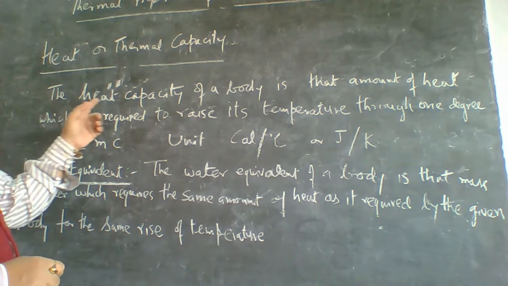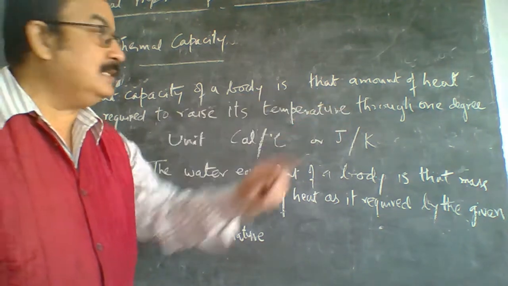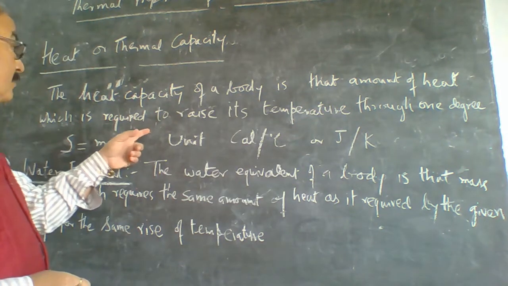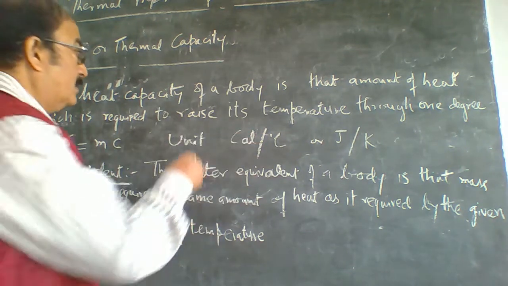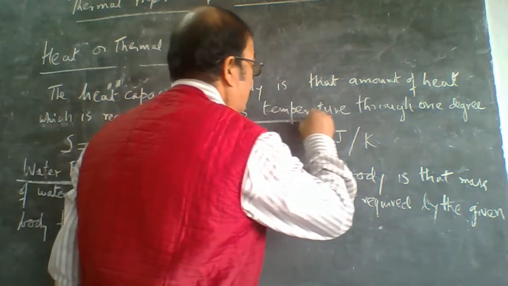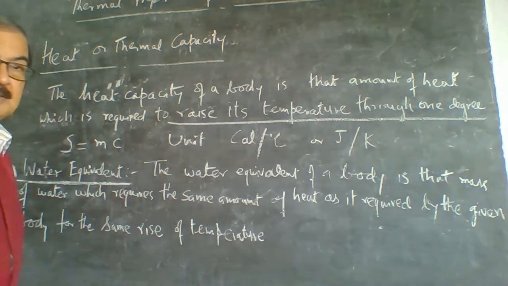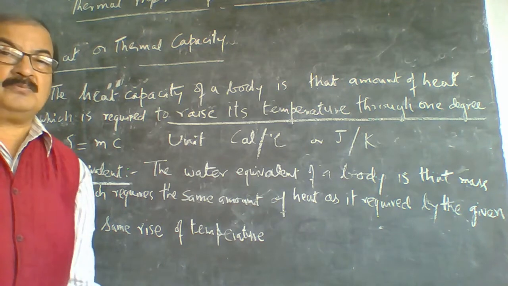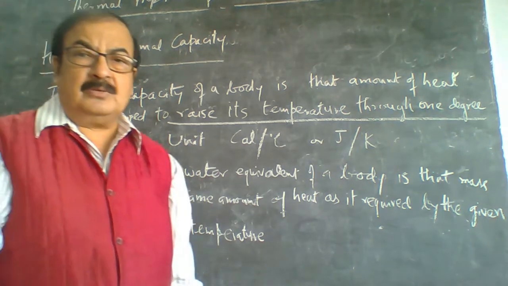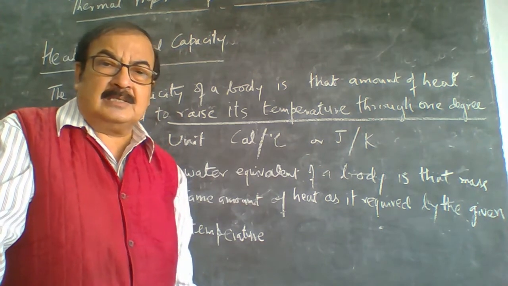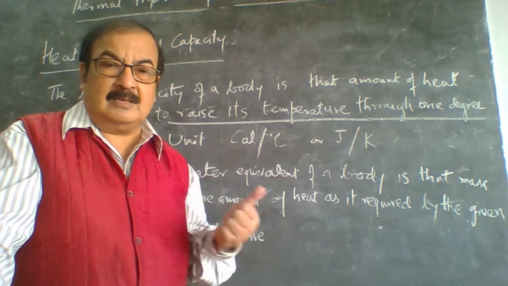That is, the heat capacity of a body is that amount of heat which is required to raise its temperature through 1 degree. Why have I not mentioned 1 degree Celsius or Kelvin? I tell you one thing. Because we take degree Celsius as well as Kelvin in our experiments.